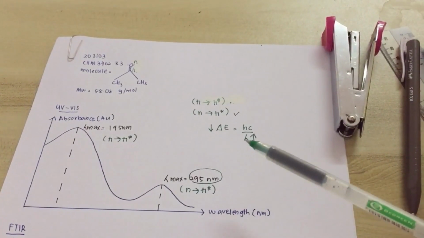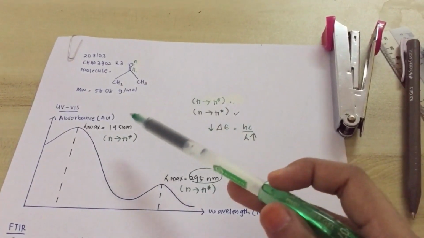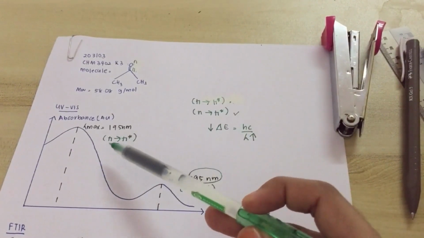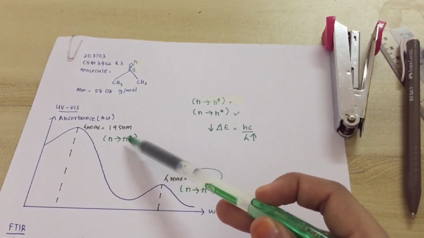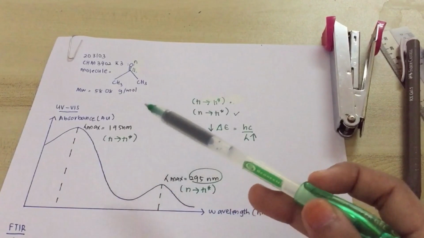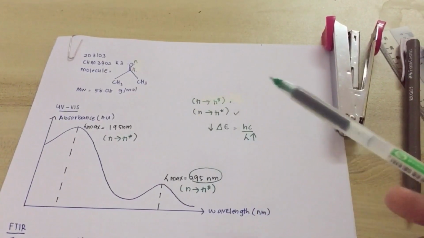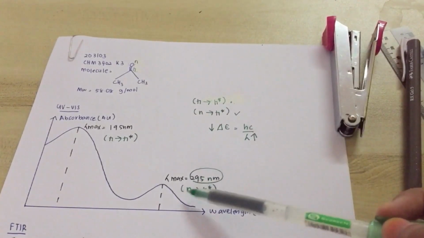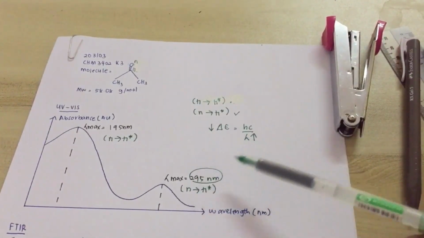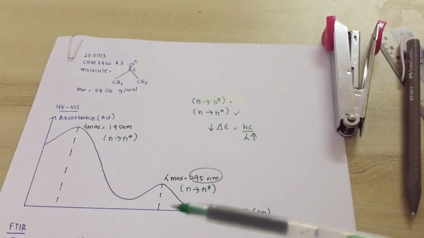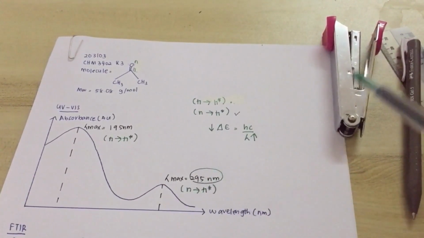And the lambda max at 195 nanometers corresponds to the pi to pi anti-bonding transition. For our acetone, we can conclude that the lambda max is at 295, which is the higher lambda max that the acetone can absorb.